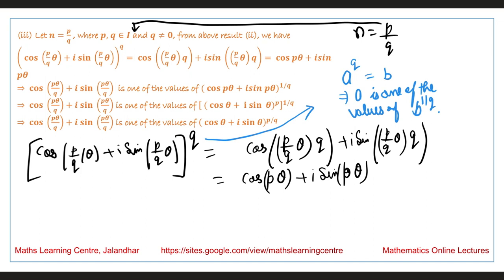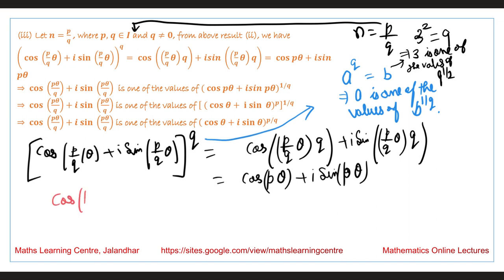I am explaining this again. If we write 3 raised to the power 2 equal to 9, this means that 3 is one of the values of 9 raised to the power 1 by 2.